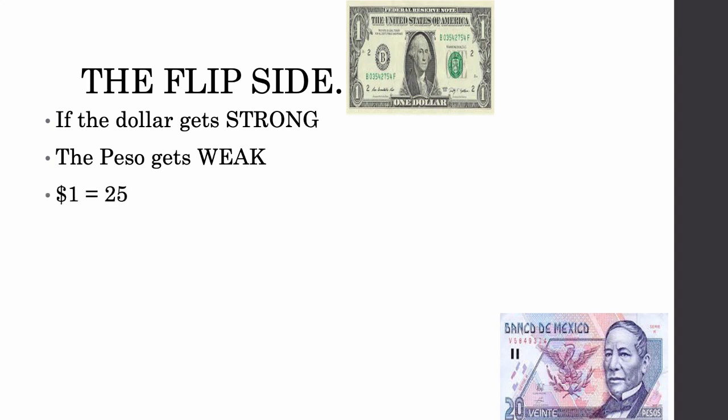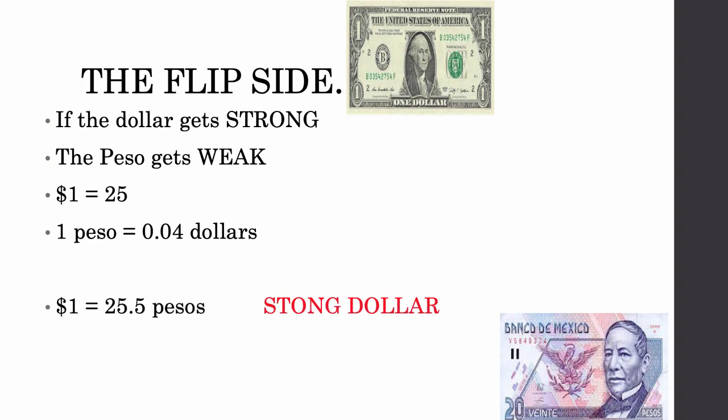So again, we're going to start off with $1 equals 25 pesos, and 1 peso equals $0.04. Now, if the dollar appreciates, if it gets stronger, it can buy more pesos, 25.5.